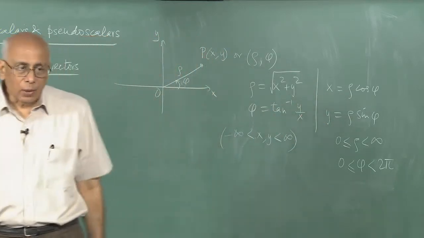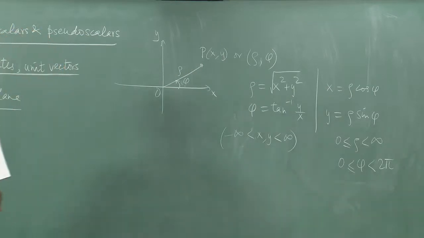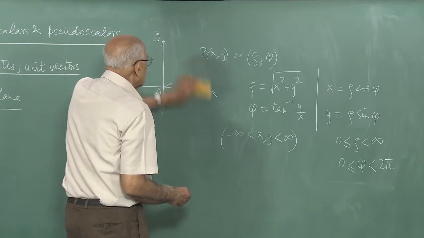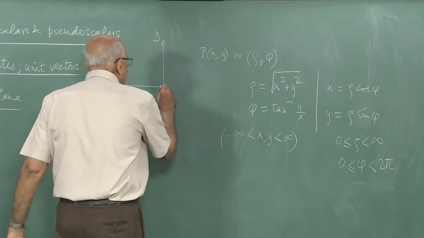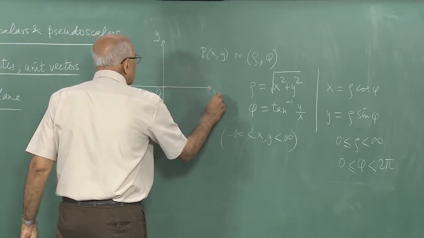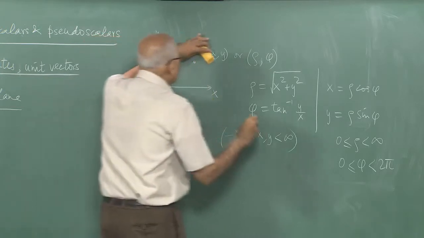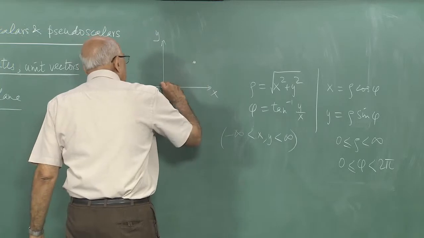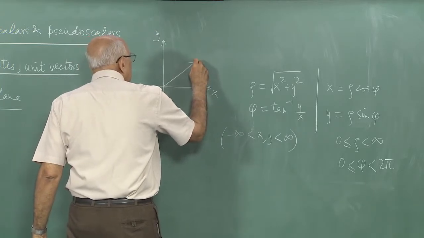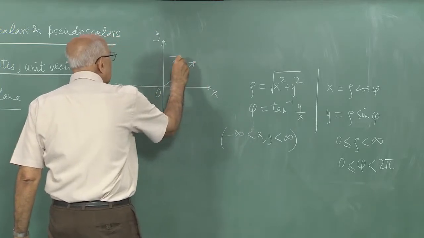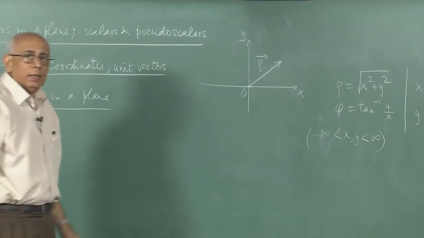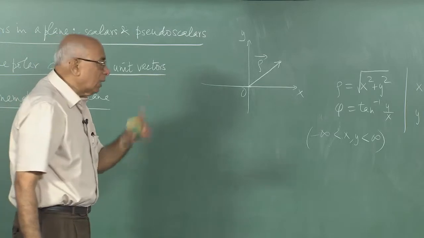Okay. Now any arbitrary point P, such as the one I have written here, the radius vector to this point is the vector rho. And its magnitude is rho without the arrow.